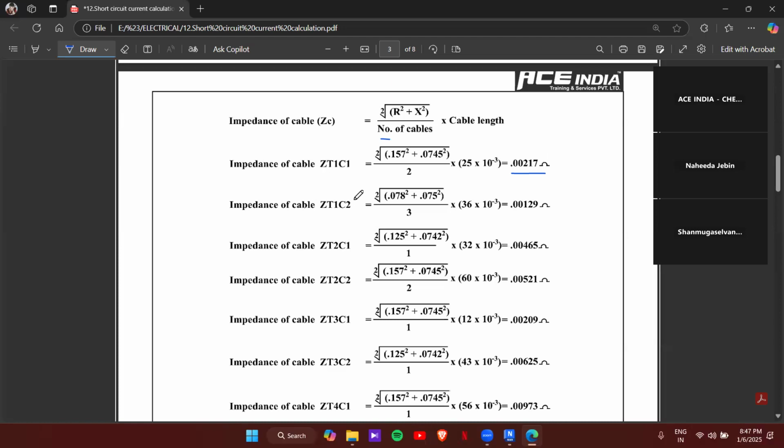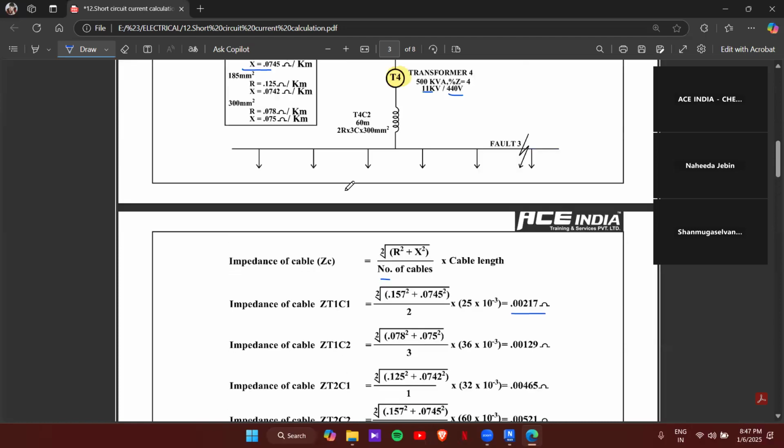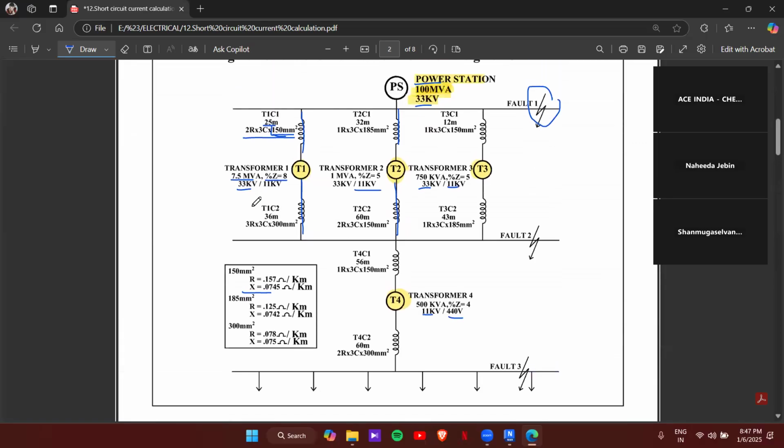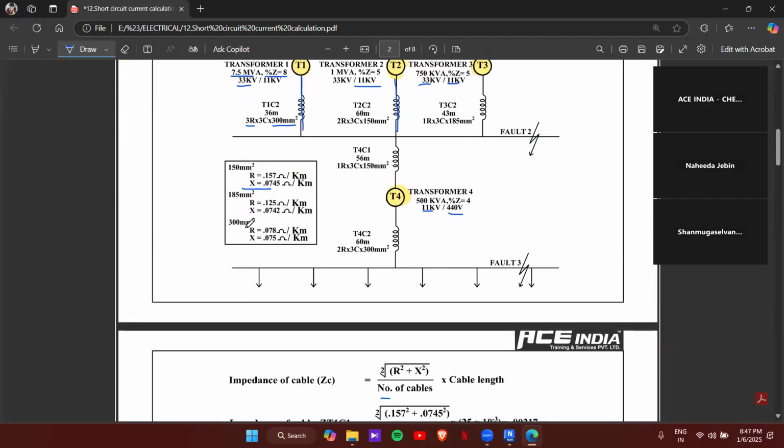Next, T1 C2, transformer 1, cable 2. Same way here itself. Its size is 3 runs and 300 mm square. So 3 runs mean 3 number of cables, and 300 mm square. This is the R value and X value for 300 mm square: 0.078 and 0.075 ohm per kilometer.